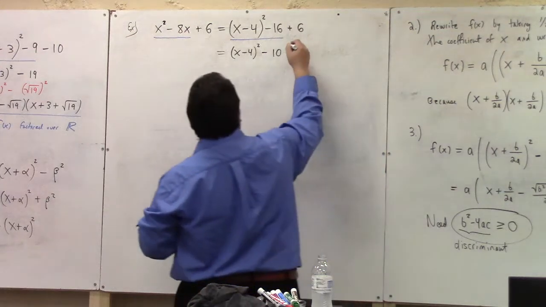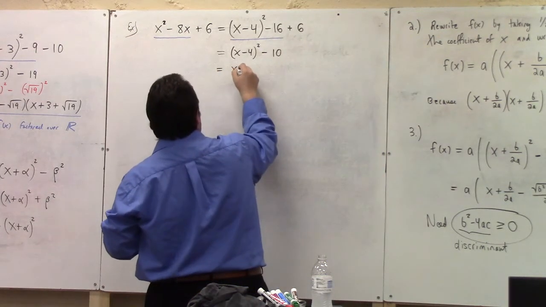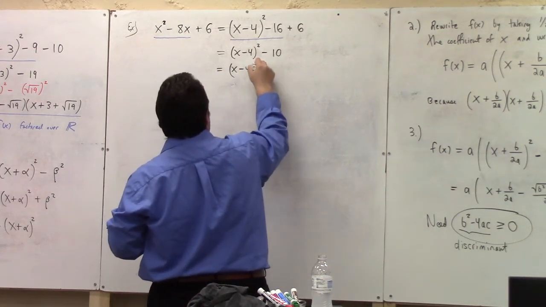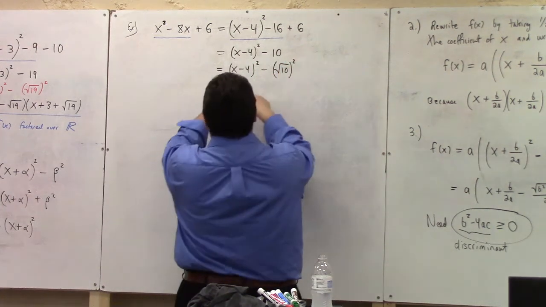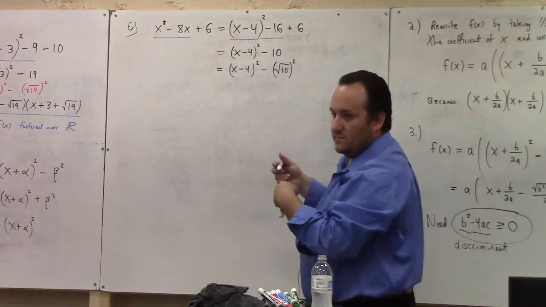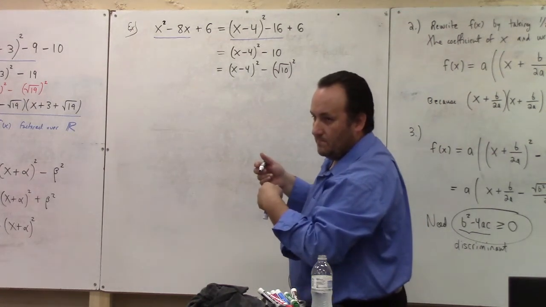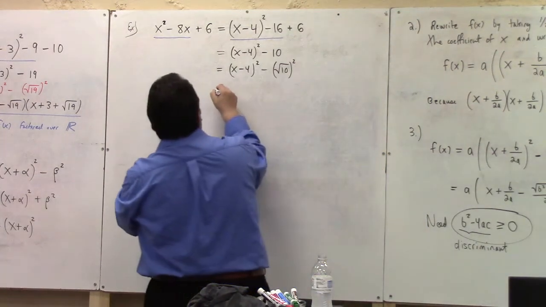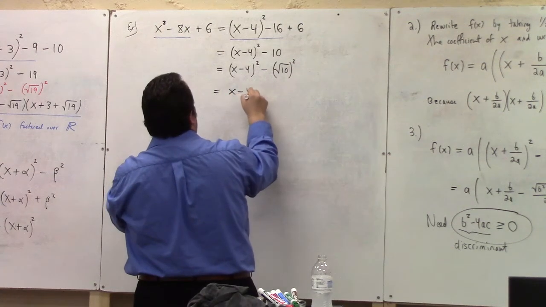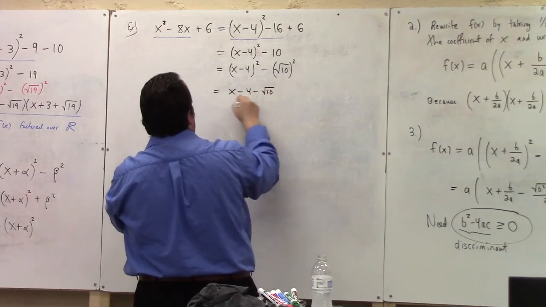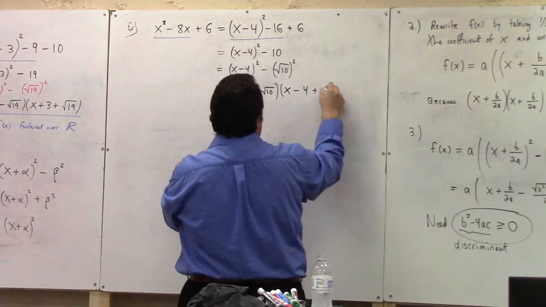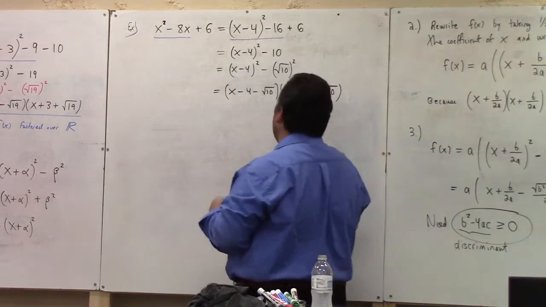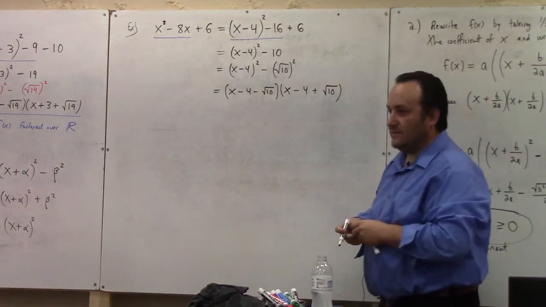Use your imagination: this is x minus 4 squared minus the square root of 10 squared. So difference of squares. So this is x minus 4 minus the square root of 10, times x minus 4 plus the square root of 10. And that's factored completely. That's as far as we can go.